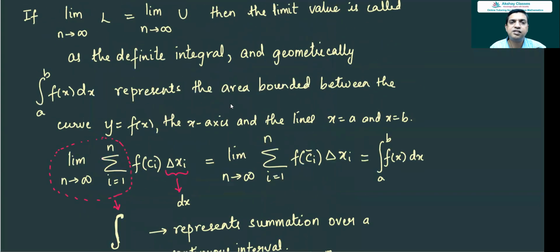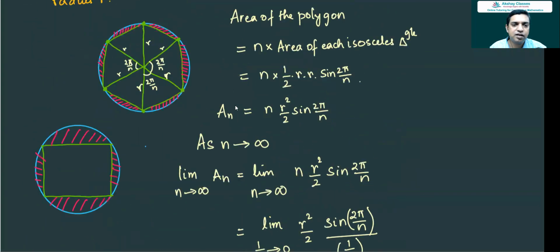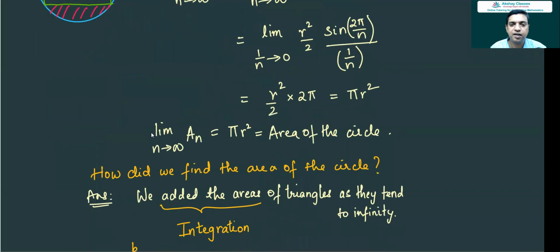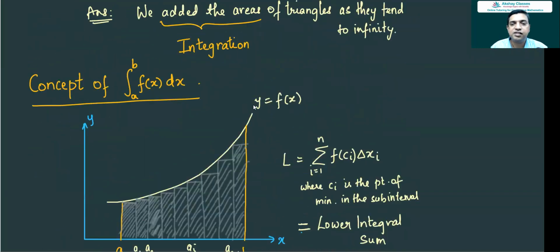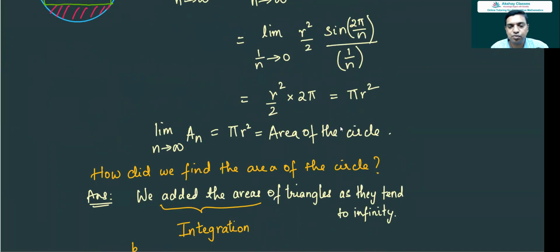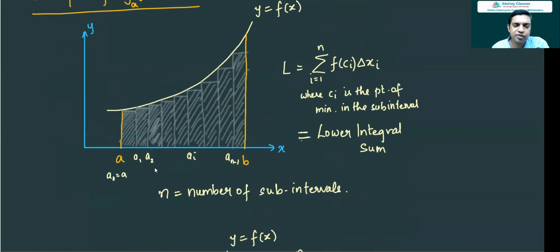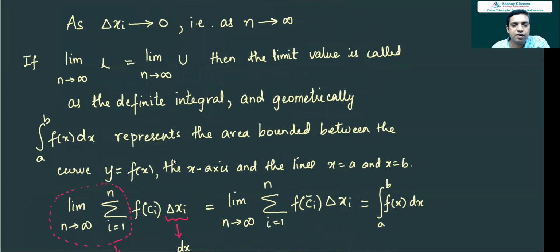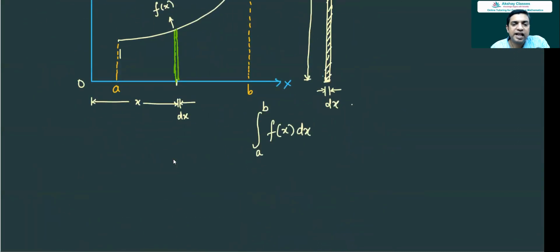Calculating something like this, just like we found the area of the circle by integrating all the areas of the triangles. So that is a standard known form, so we could relate to it. In the same way, we can find the areas of the curves from A to B. So this is the concept of the definite integral.